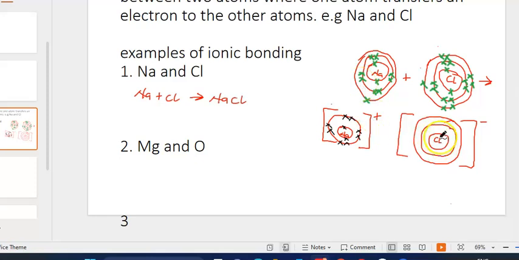Then for chlorine we are going to have 1, 2, then here the second shell is going to have 8 as well: 3, 4, 5, 6, 7, 8.